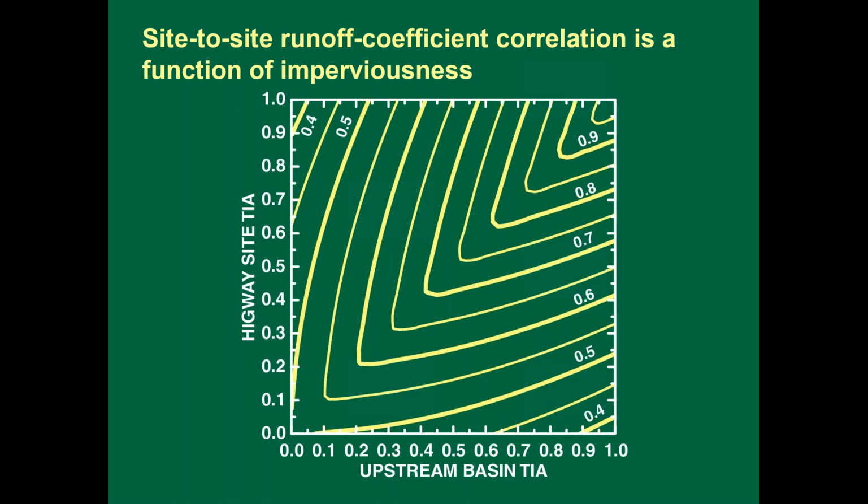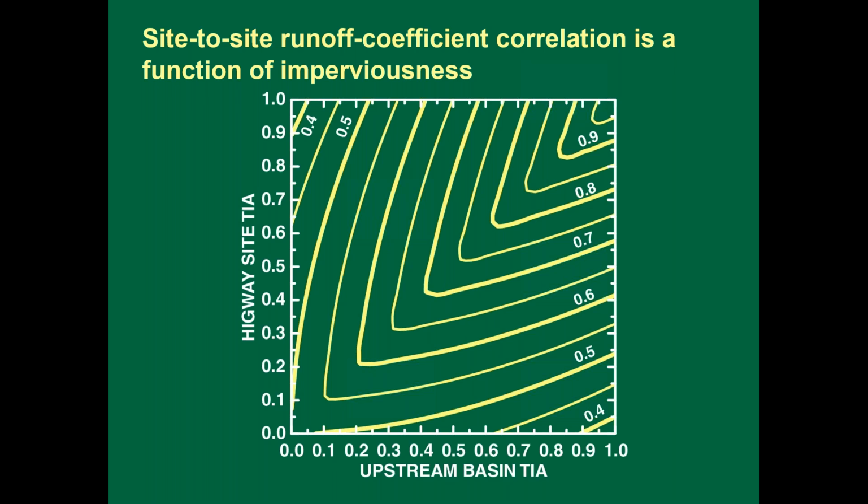So then we also had to address the problem of, if we have a highway site, or more likely a developed site with some imperviousness, how are the highway runoff coefficients going to vary with the upstream runoff coefficients?